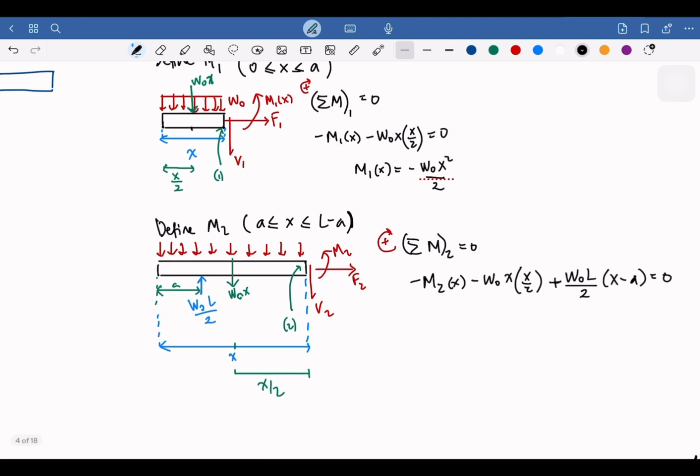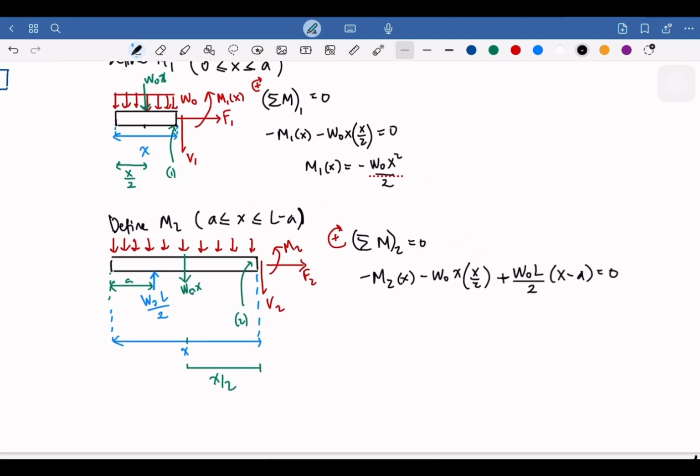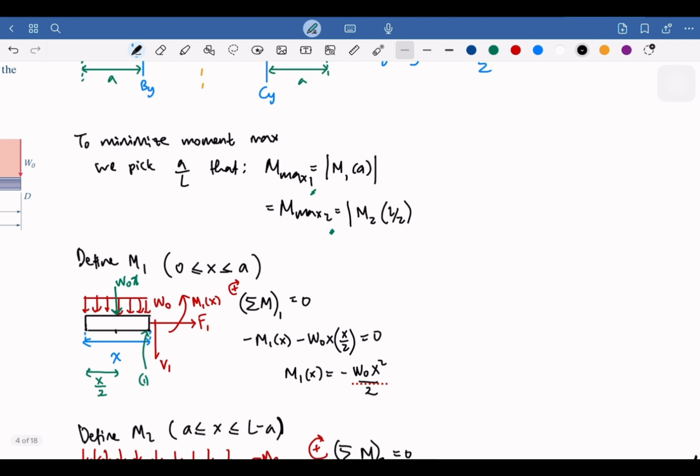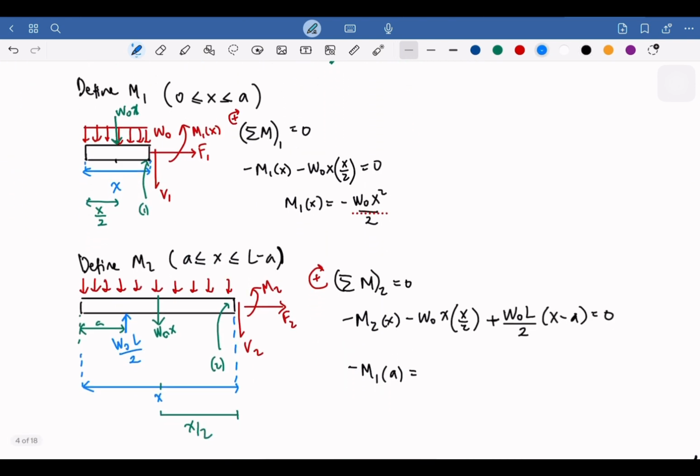So we set the negative M1 at A based on this one, okay, and M2 at L/2.